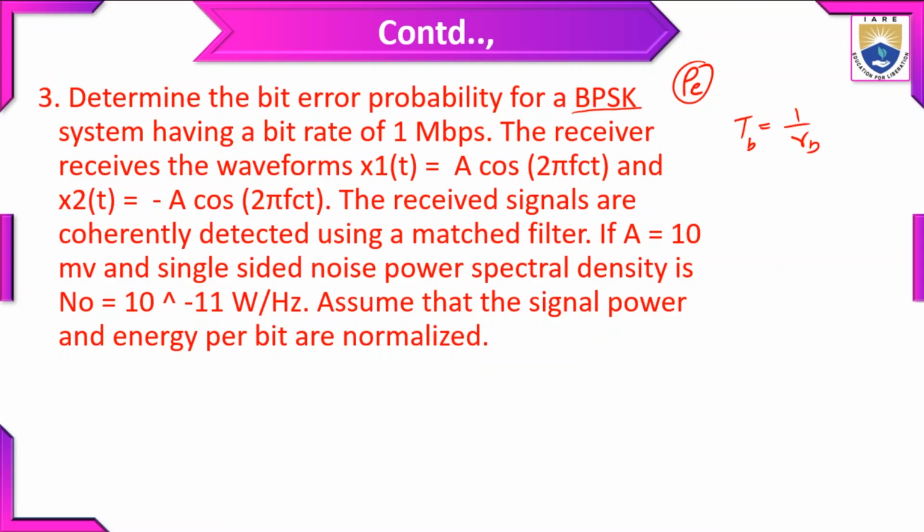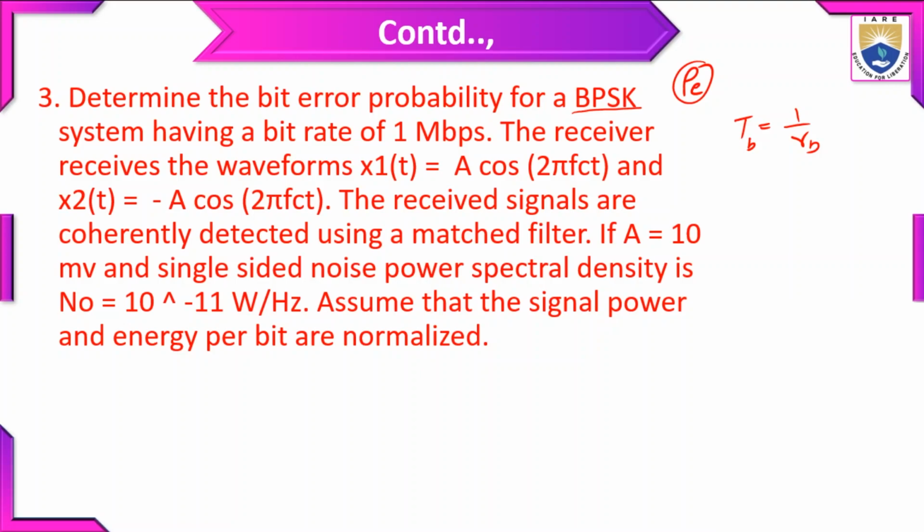Because PSK sends a 180 degrees phase difference for 1 and 0. Only 1 bit at a time we can transmit. Here the amplitude is same. What is the difference here? Phase is different. That is the main theme of BPSK.